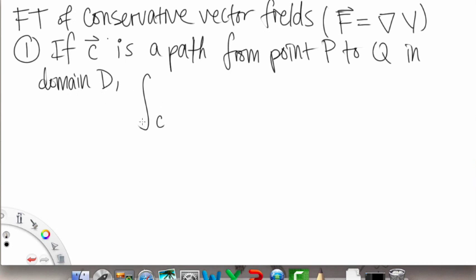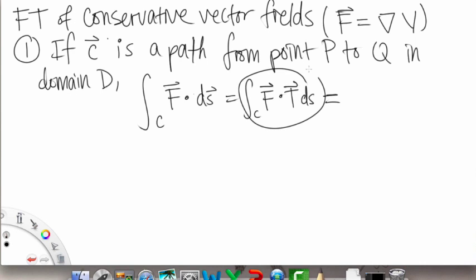So here's your curve, right? And we're taking the vector line integral around it, so something like that, or I'll denote it like this. It's the same thing. This represents the same thing. Then, according to the fundamental theorem of conservative vector fields, the following is true.